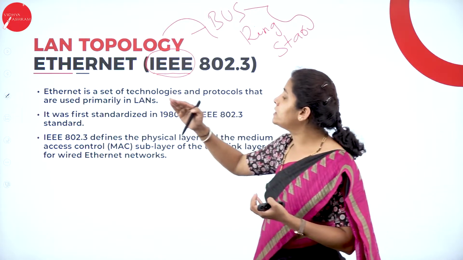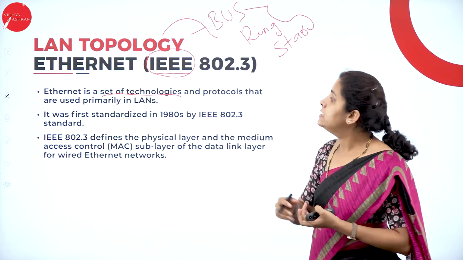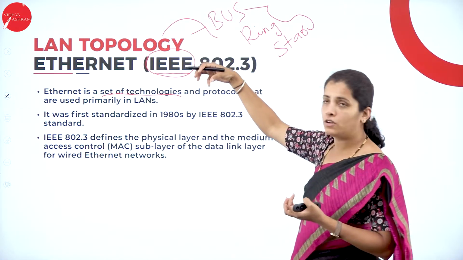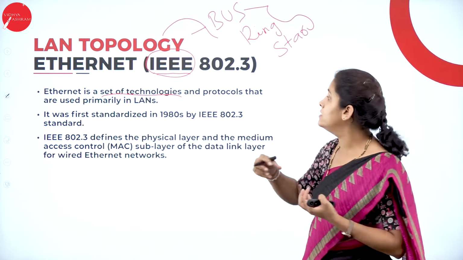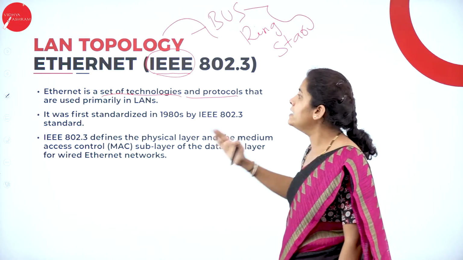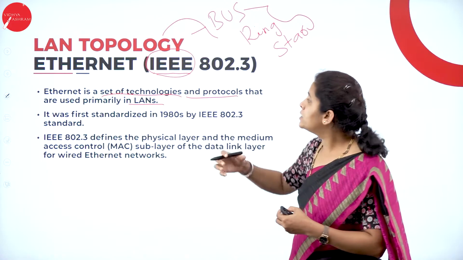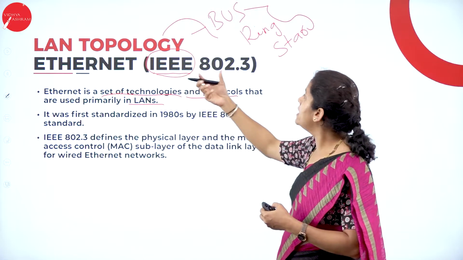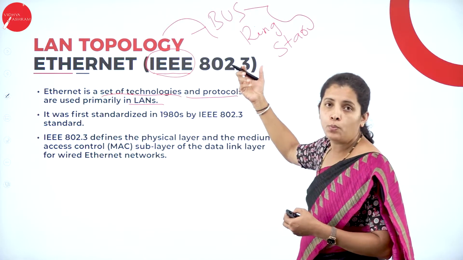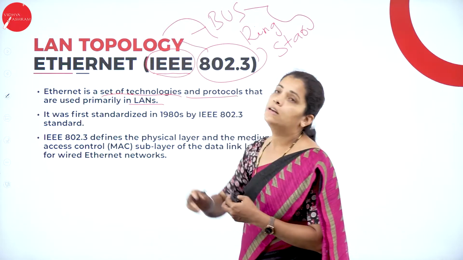So Ethernet is a set of technologies, standards and protocols that is mainly used for LANs. What is the use of IEEE 802.3? It is mainly designed for LAN.